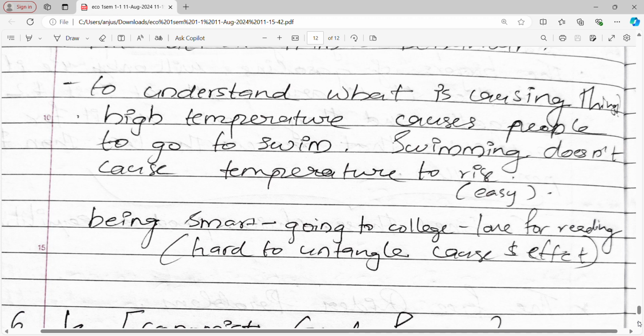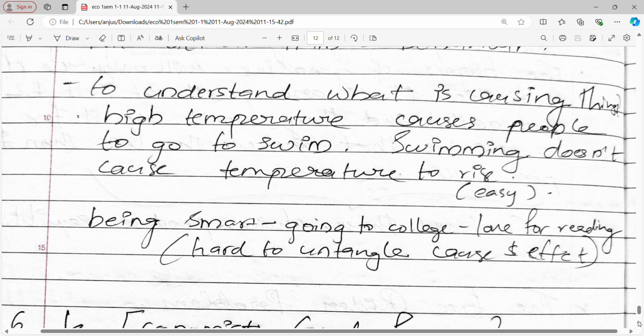But if we speak of another one, that is, people being smart go to college. Being smart is not the sole reason for people to attend college. It can be reasons like their love for reading, or their love for just listening to classes. They might not be smart, but they love to listen to classes.